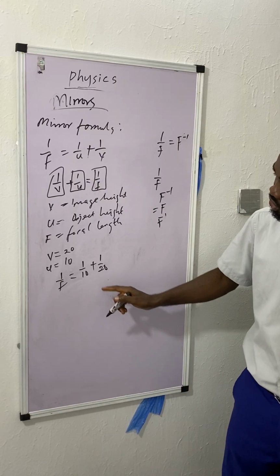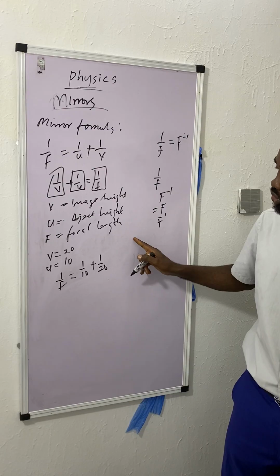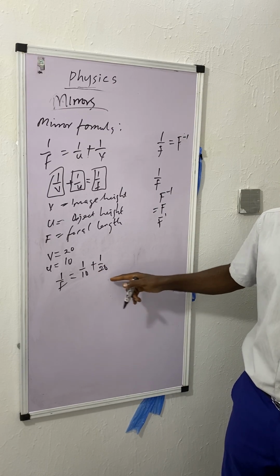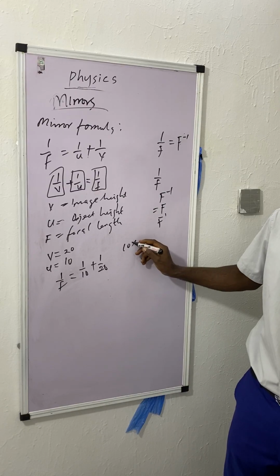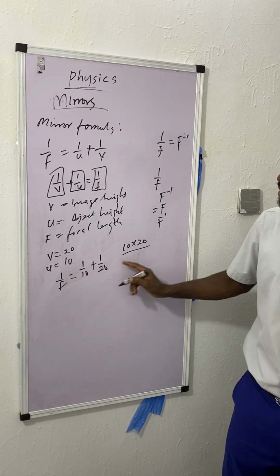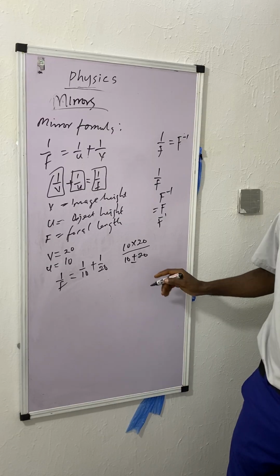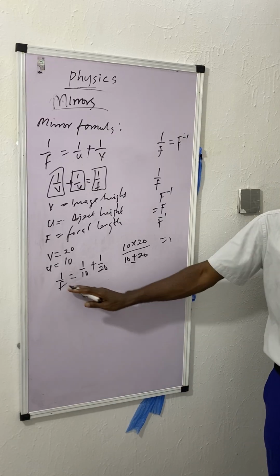Just cross multiply to get the numerator, and add the two, depending on the sign, either plus or minus, to get the denominator. So we have 10 times 20 over 10 plus or minus 20, depending on what you are doing. Whatever you get, you divide and you get your answer.